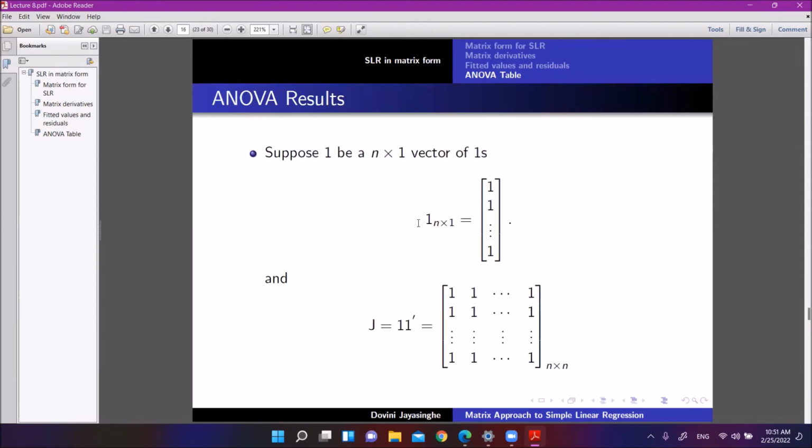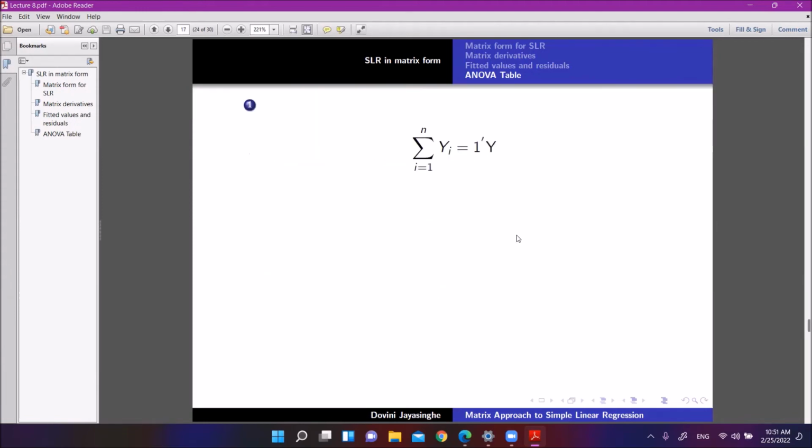So when you transpose it, it is going to be a 1 by n vector. 1 by n multiplied by n by 1, you are getting 1 by 1. That means you are getting a constant, right? A 1 by 1 matrix or 1 by 1 vector means what? It is a constant.